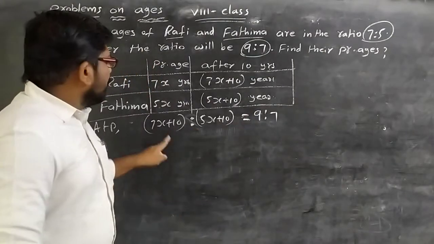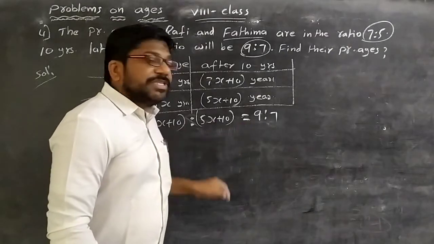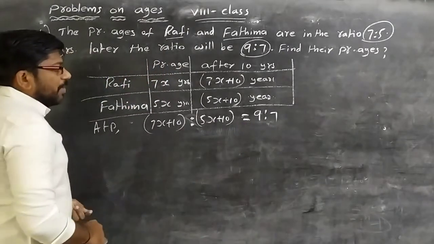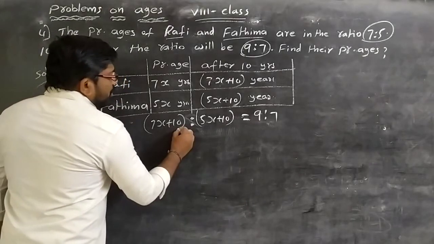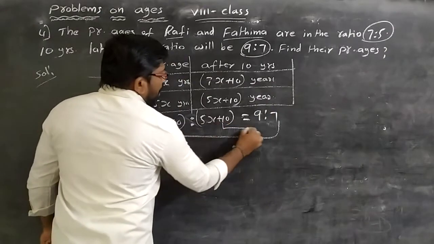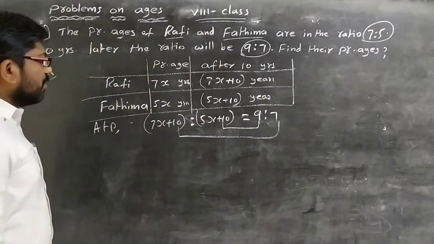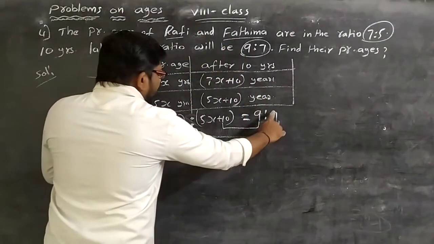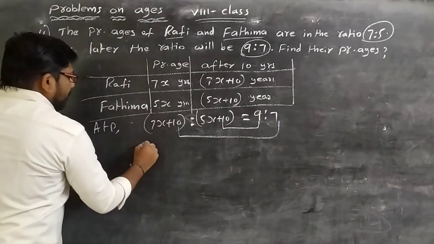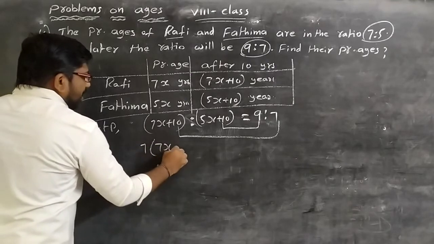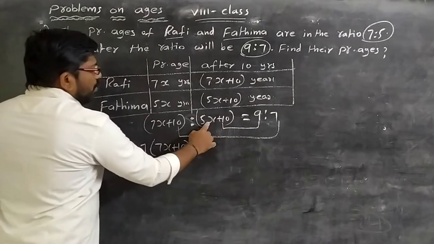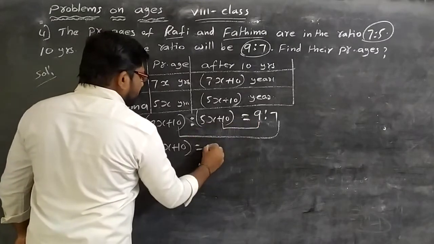So we know very well the equality of ratios is called proportion. Here we use the proportion rule. We know very well what the proportion rule is: product of extremes is equal to product of means. So 7 into (7x plus 10) is equal to 9 into (5x plus 10).